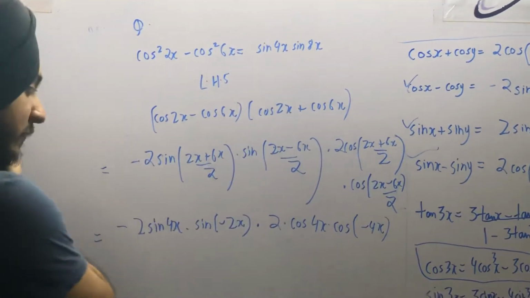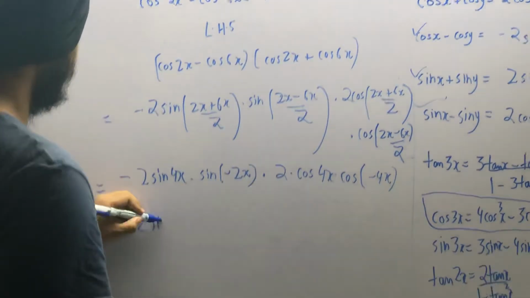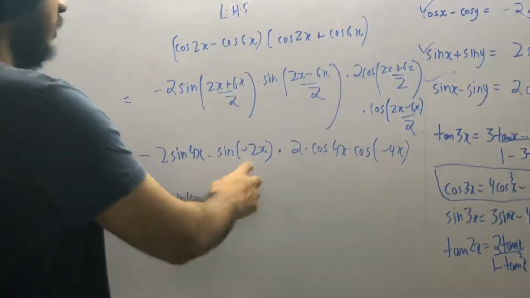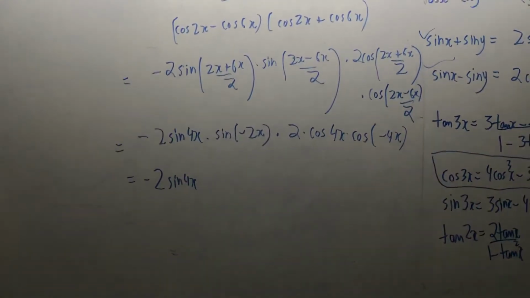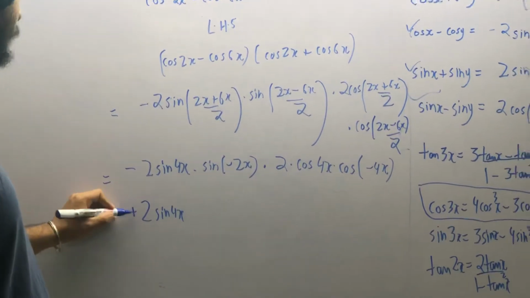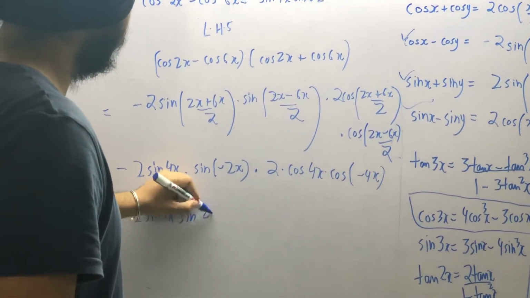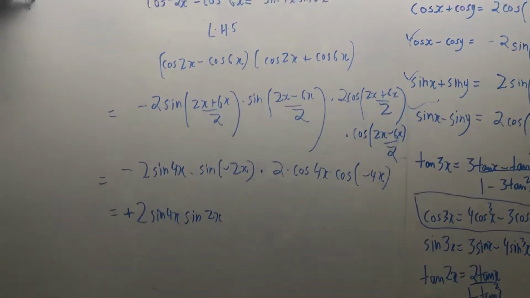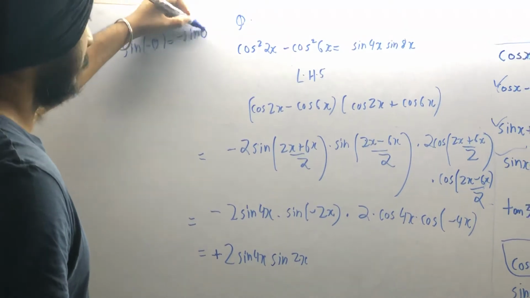Okay, now minus 2 sine 4x. Okay, look carefully. Sine minus theta is what? Minus sine theta. So what will happen to this minus? This will become plus, and this will become sine 2x. I will write here sine minus theta is equal to minus sine theta.